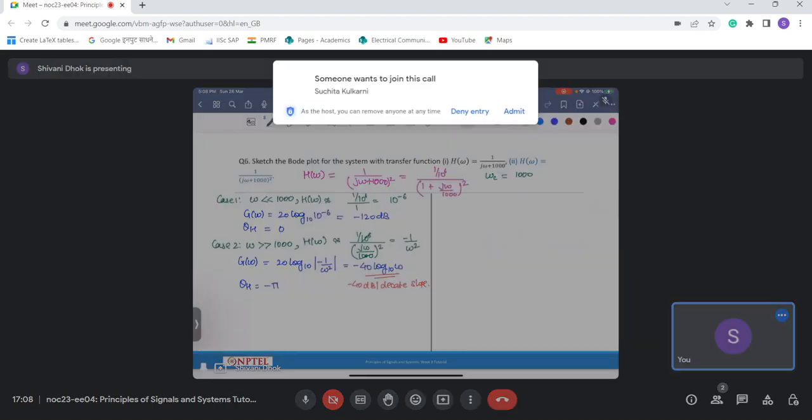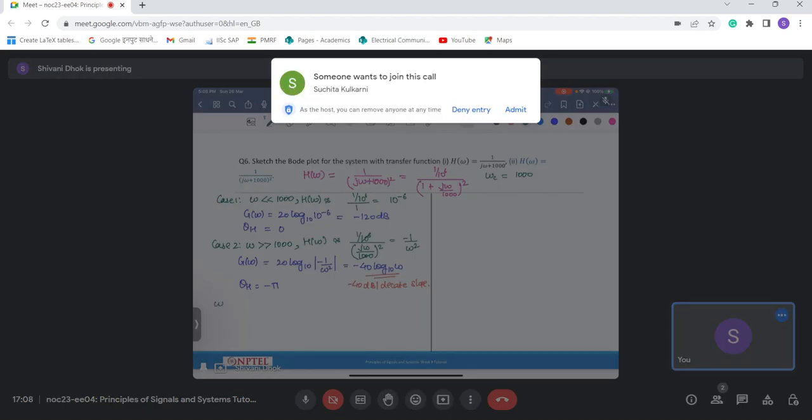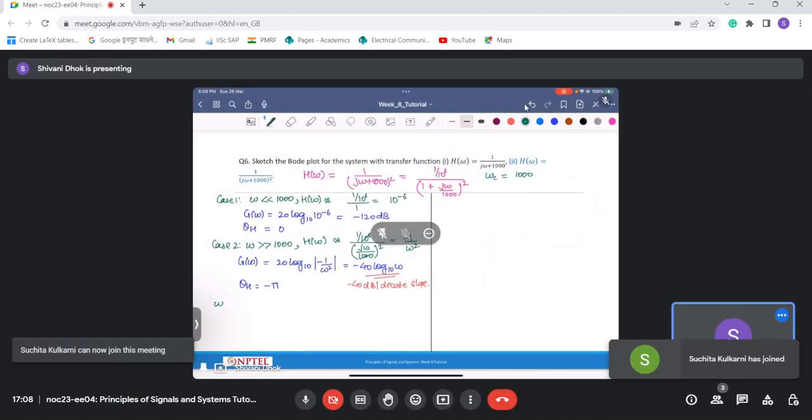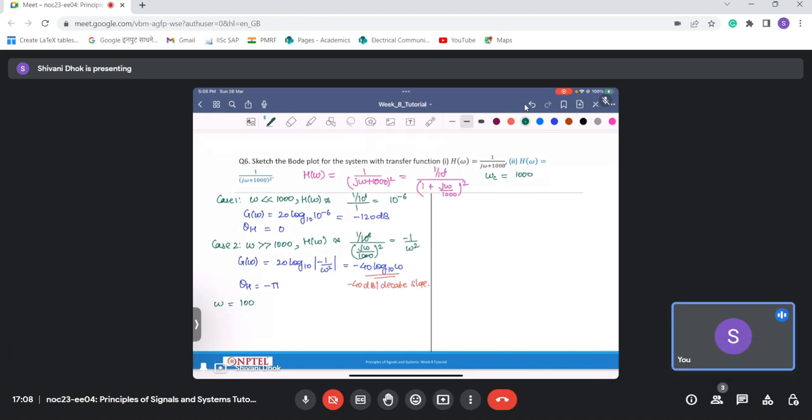And now theta H comes out to be the angle of this negative quantity, which is equal to minus pi. Now let us consider the case when omega is equal to 1000. Here H of omega is equal to 1 upon 10 power 6 times (1 plus j) whole square.